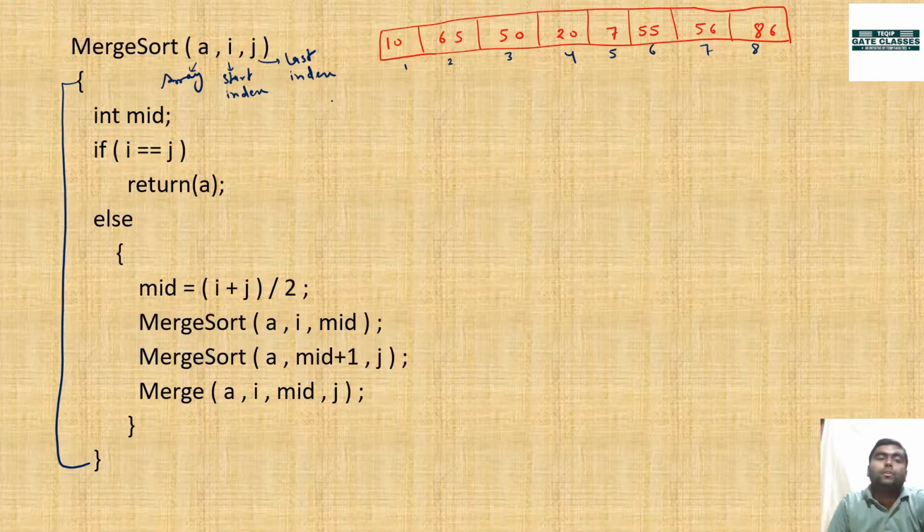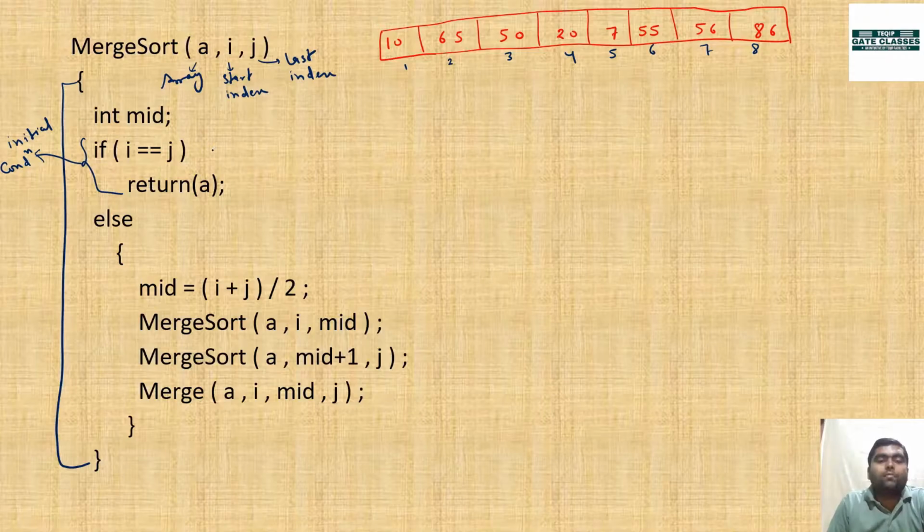It is also a divide and conquer strategy, meaning it is a recursive program. Firstly, mid is an element which is used to hold the middle index of the array. So what is the small problem? This particular step is called termination, or initial condition.